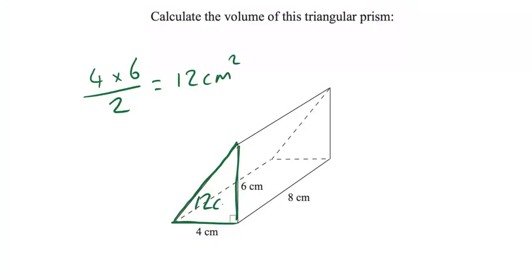So that is our cross-sectional area. To get the volume of the triangular prism, we're going to need to multiply that 12 by the depth or the length, and that is of course 8. So 12 times 8 is 96 centimeters cubed.